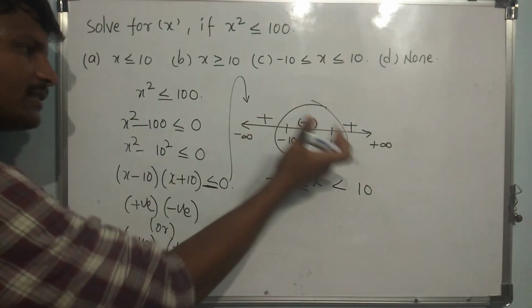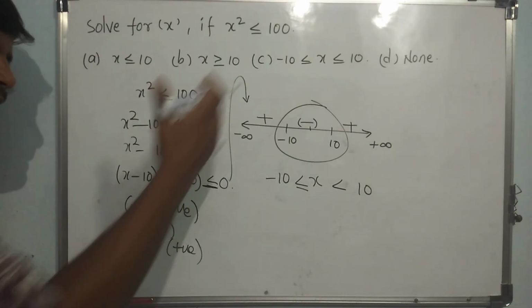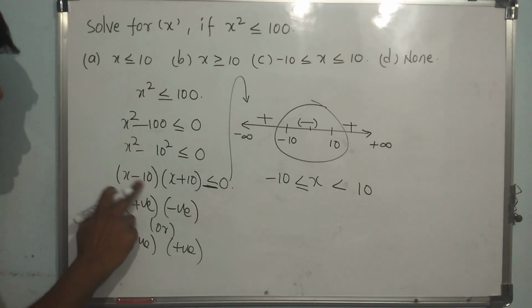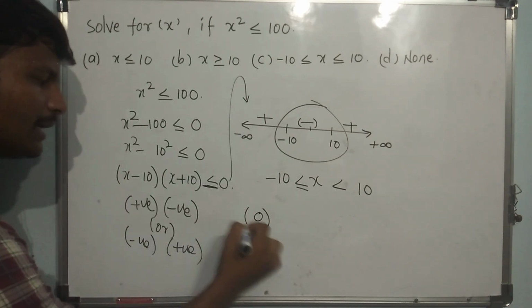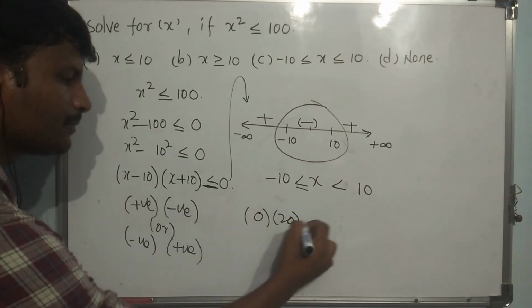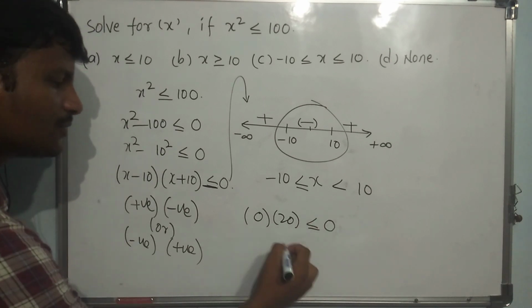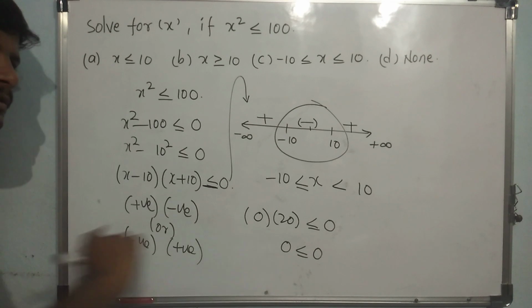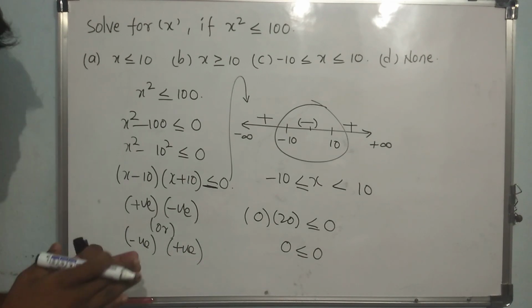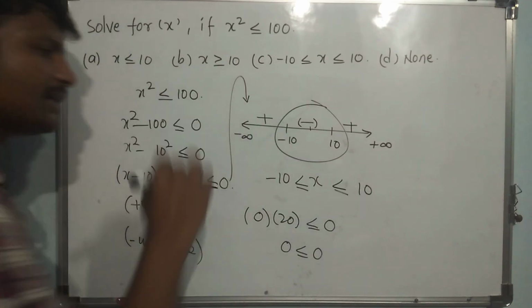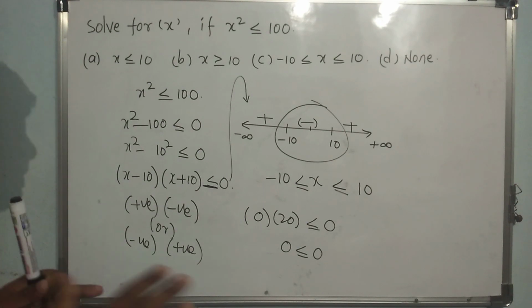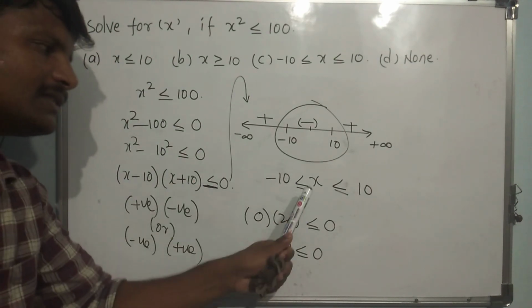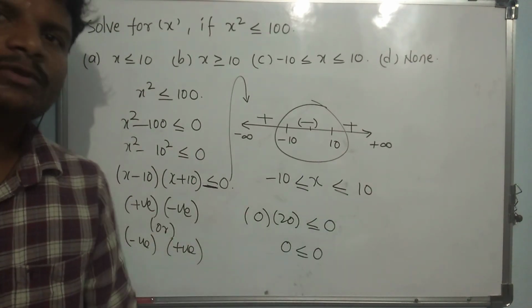Similarly, x equal to 10 also: 10 minus 10 is 0, and 10 plus 10 is 20, so the product is 0, less than or equal to 0. The or equal to is there, and that is satisfied, so this can also be taken. Now your answer is minus 10 less than or equal to x less than or equal to 10.